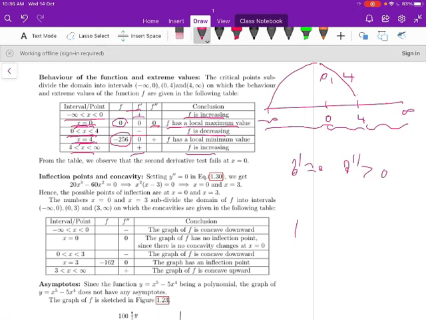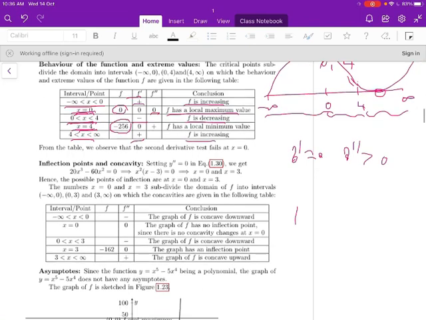For 0 to 4 the function is decreasing, and for 4 to infinity the function is increasing. Therefore we have a local minimum at x equal to 4, and the local minimum value is minus 256.